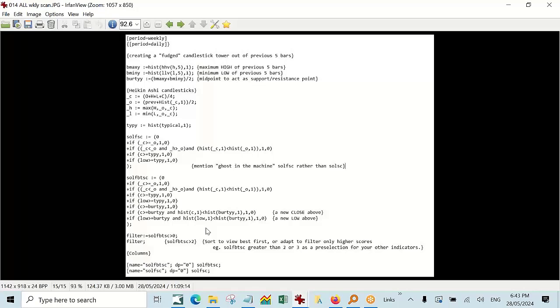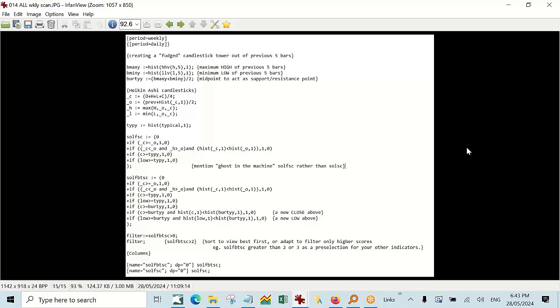You may not want to look at all of them, and so you could alter that score to say above 2. That above 0, you could make it above 2. And then they show up in the columns at the end.